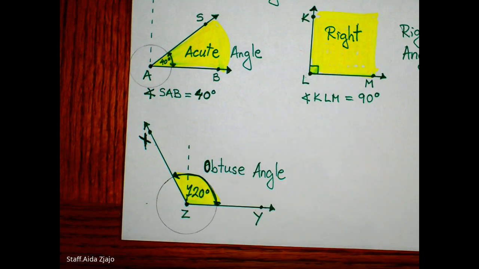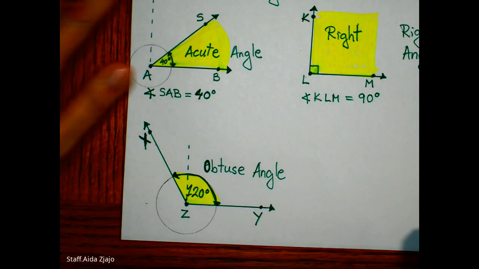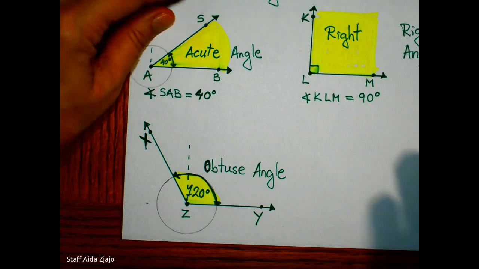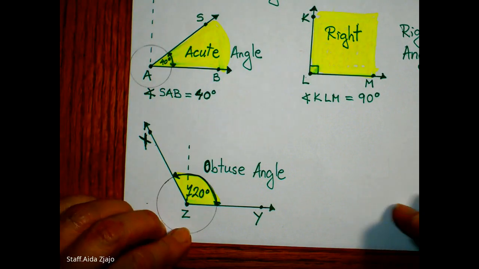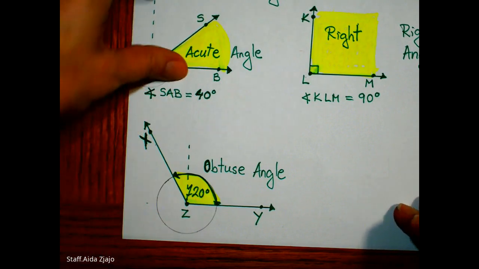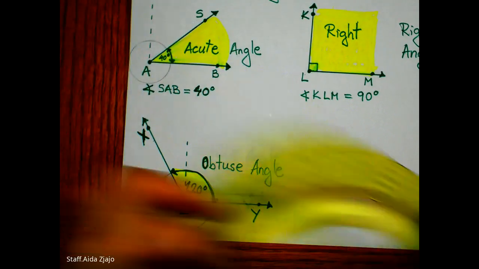And the last but not least is the straight angle. A straight angle is an angle that is half a circle. So we can draw that right here.